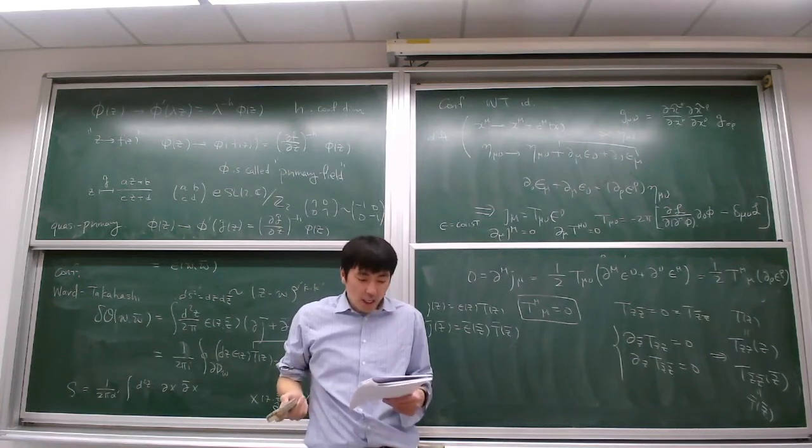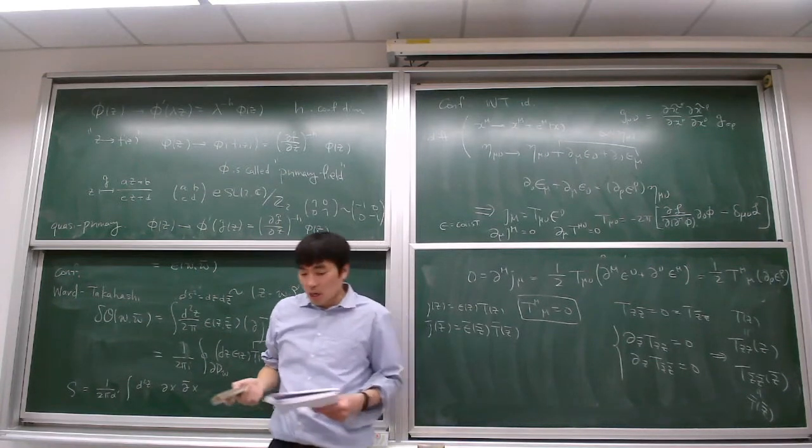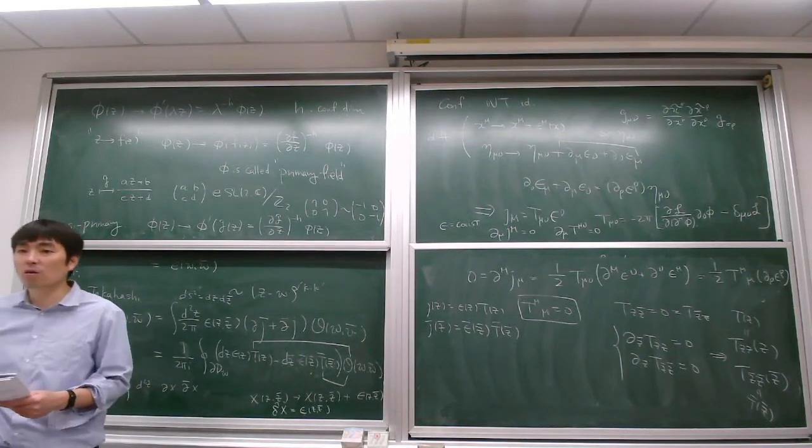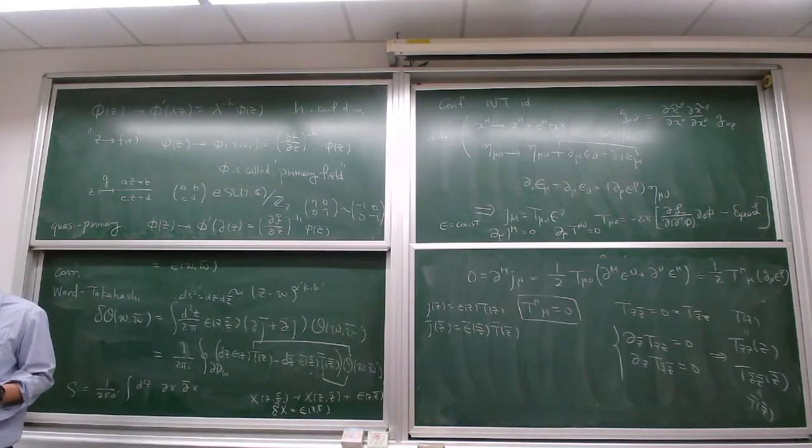In Polchinski it's called the weight, but I think conformal dimension is more frequently used, so I use conformal dimension.